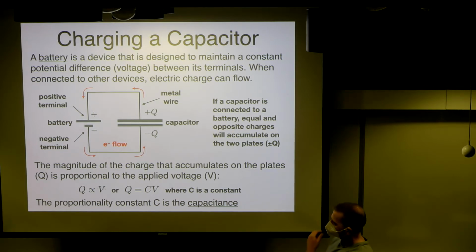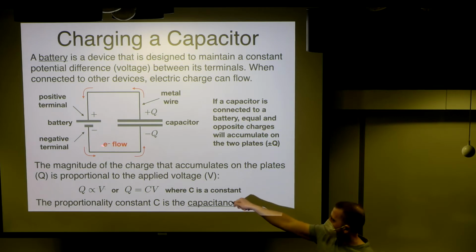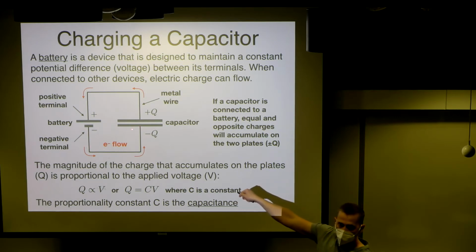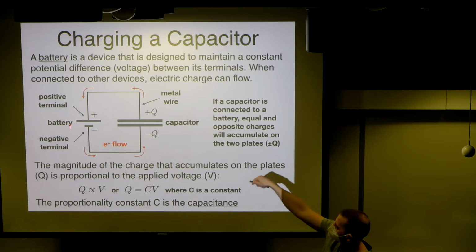Well, it's pretty straightforward. Electrons are going to want to come off of the negative terminal of the battery, and so whichever plate of my capacitor is connected to the negative terminal of the battery, that's going to acquire a negative charge. So we have minus Q right there. And then the other plate, since electrons are flowing in this circuit like counterclockwise, right?